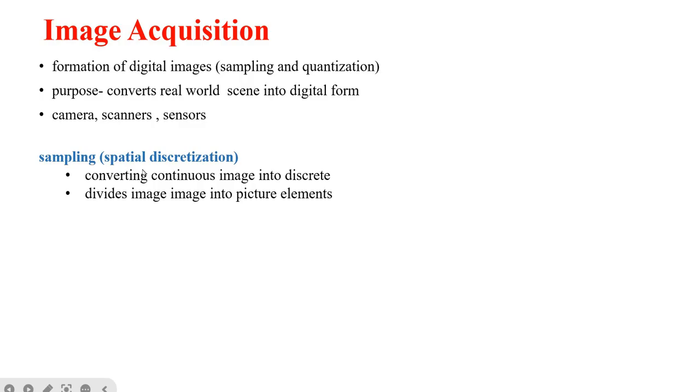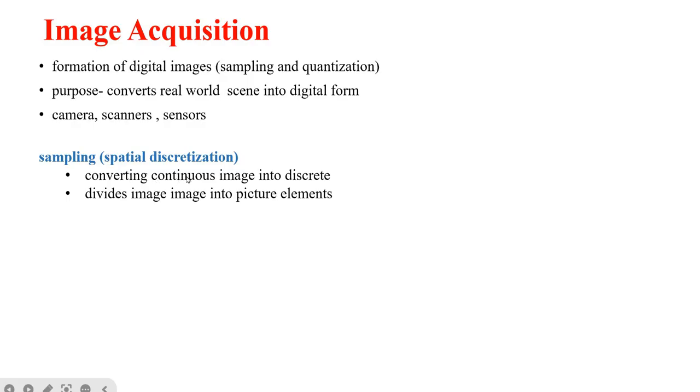Now, coming to the sampling, here actually we have two steps. One is the sampling and another is the quantization. First we will see what is sampling. Sampling is also called spatial discretization. That is to say, sampling means dividing a continuous image into a finite number of small elements called pixels.